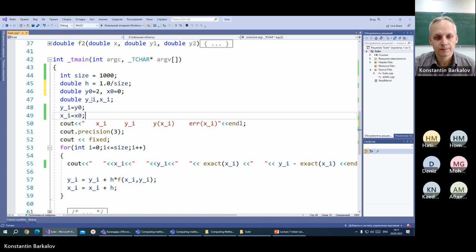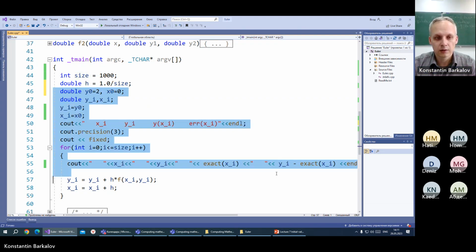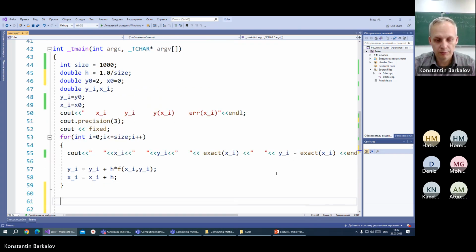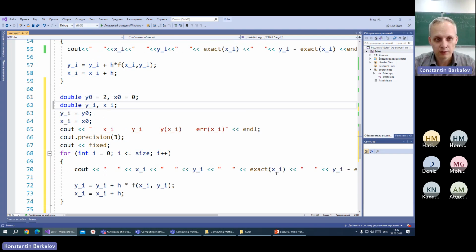And now, after that, let's implement and output the value for the second order method.